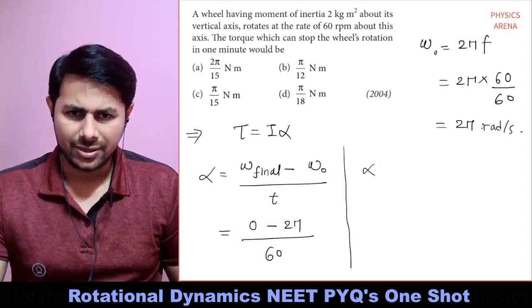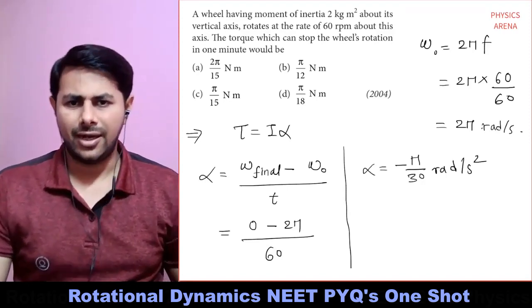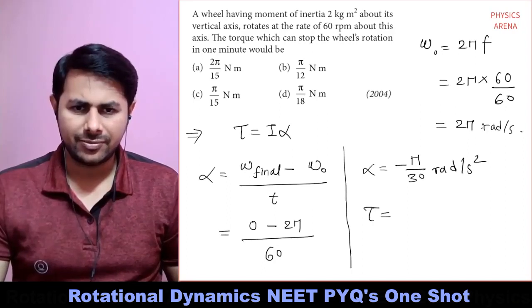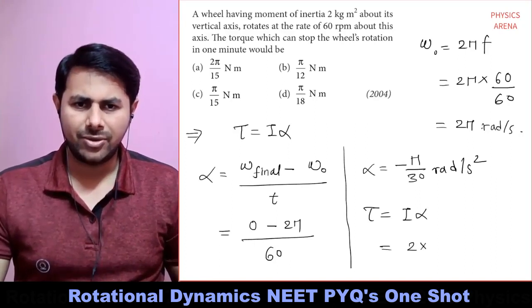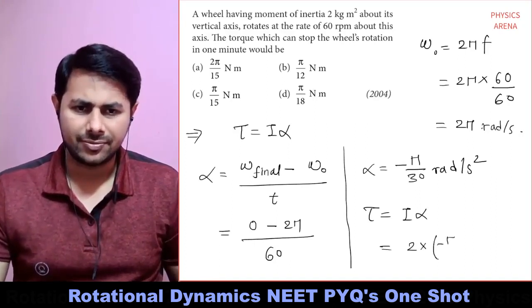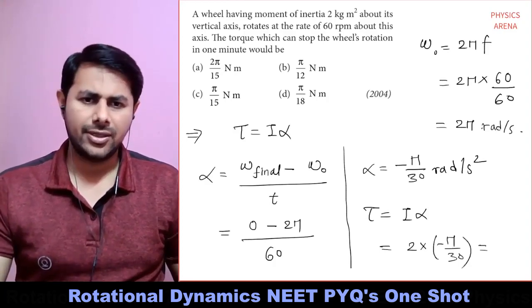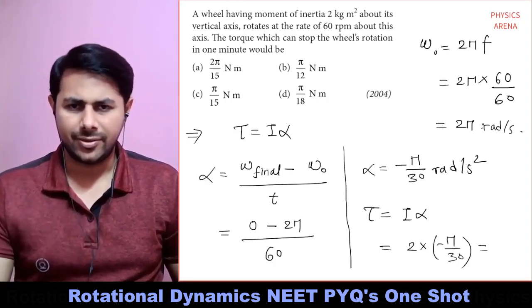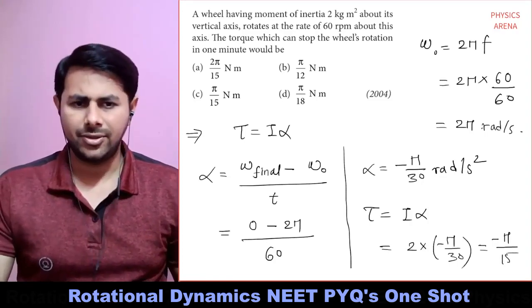So alpha is minus pi upon 30 radians per second square, and tau is I alpha. So I is 2 multiplied by minus pi by 30, which is minus pi by 15 Newton meters.